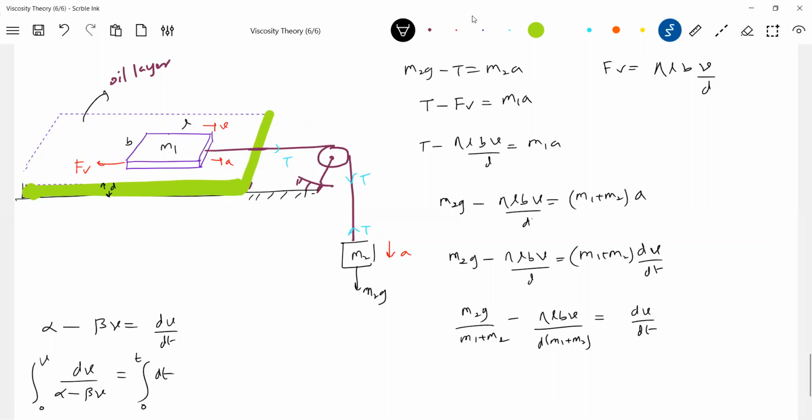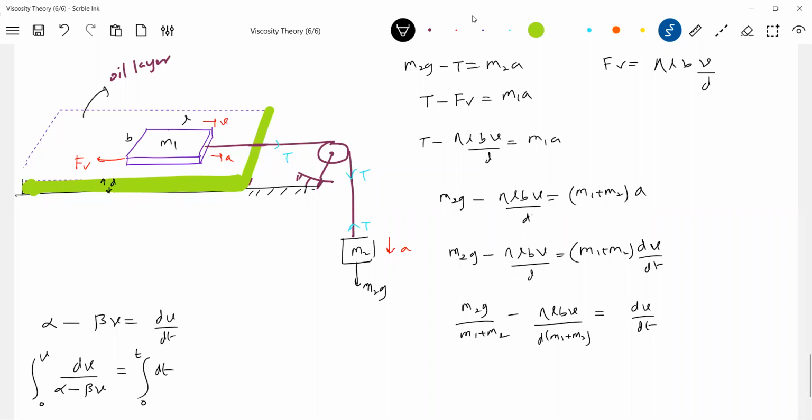So then what is the mathematics here? Minus 1 by beta log of... this negative sign, send on this side.